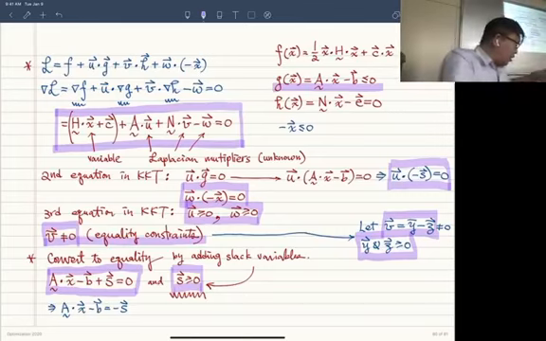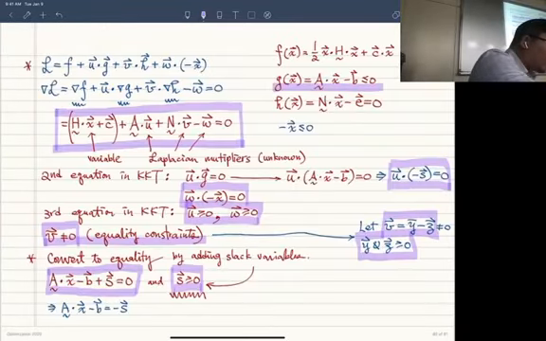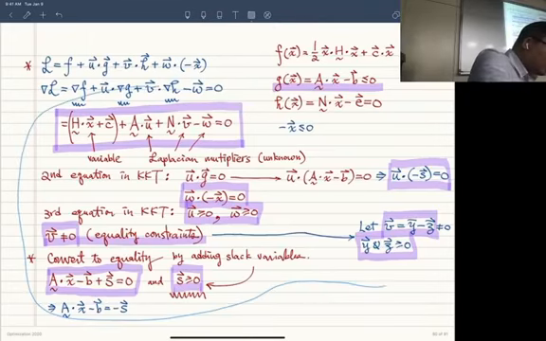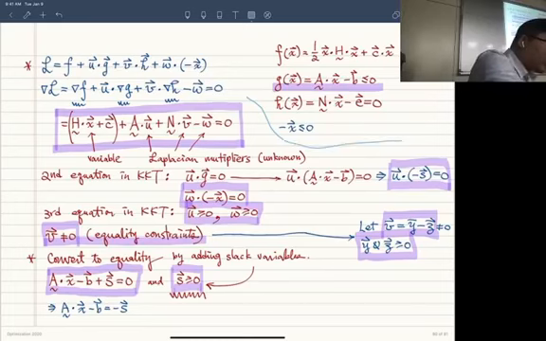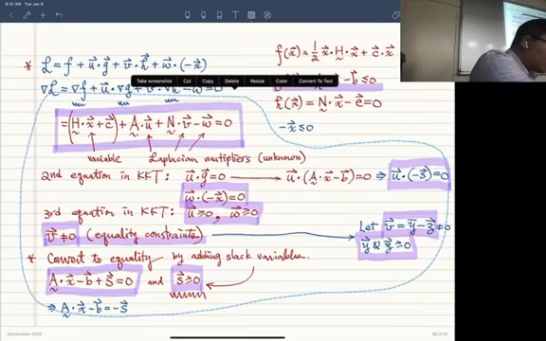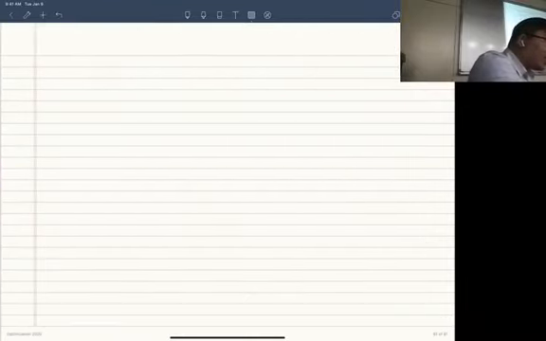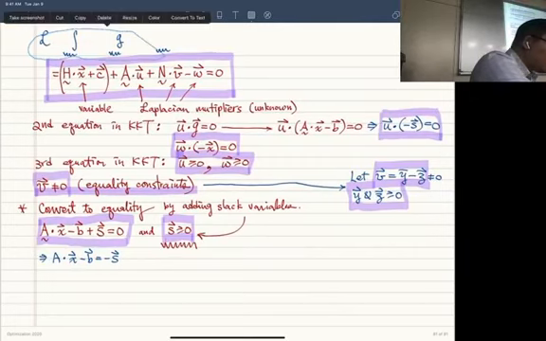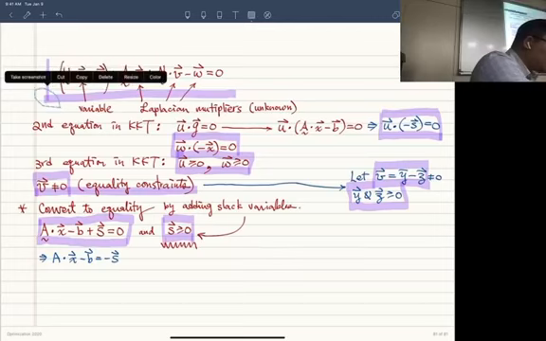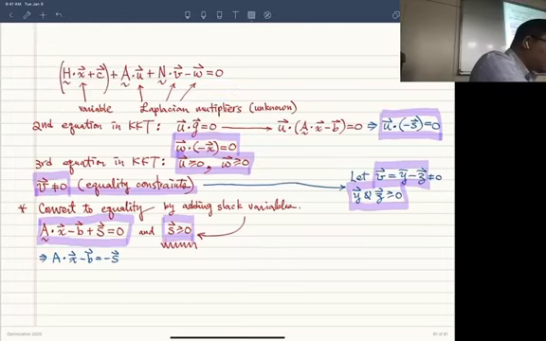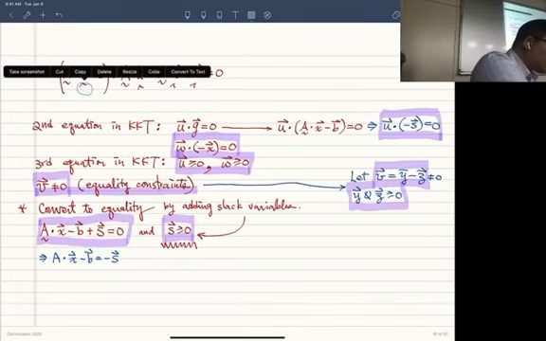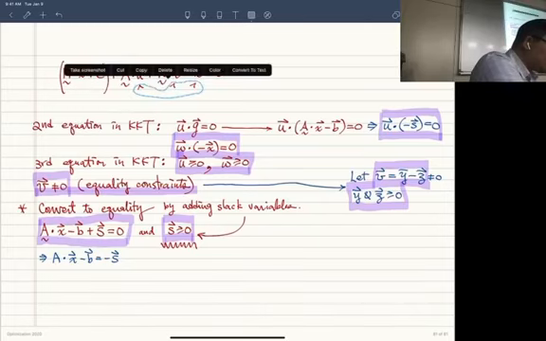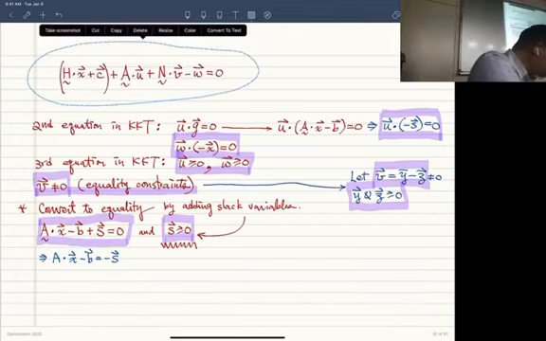Now can we put them together and see what we have so far? So everything together, I think I copy it and then paste them here. So this is the first equation we have.